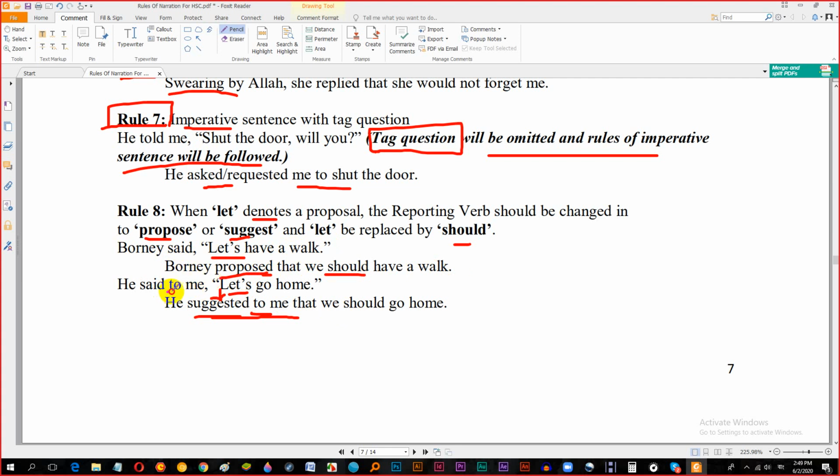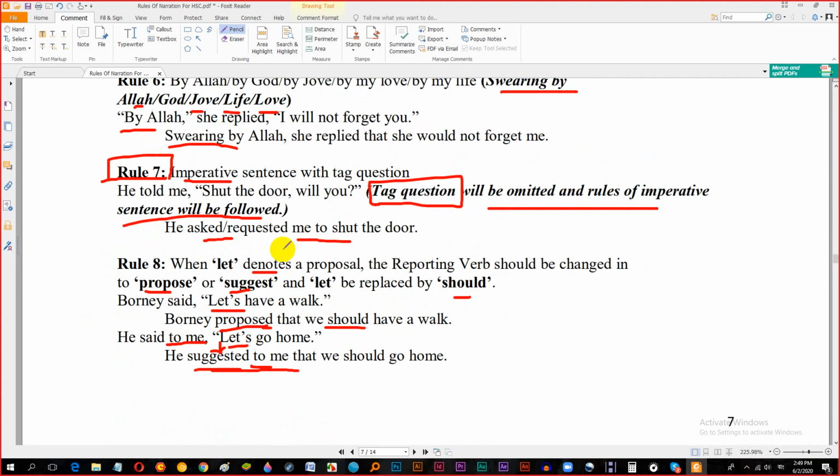Actually, if there is any extra part after the reporting verb, we will add it there, nothing else. So Borny said that let us have a walk. It could be Borny suggested that we should have a walk, or Borny proposed that we should have a walk. And he said to me, let us go home. So he suggested to me that we should go home, or he proposed to me that we should go home. That's the thing actually.